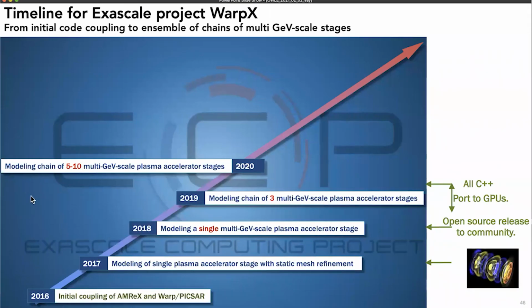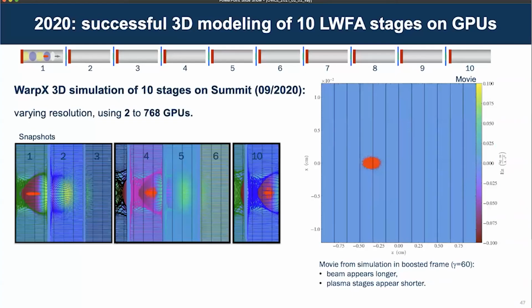And having the code running faster on GPUs enabled us to go to the next level, which is the modeling of, the target was 5 to 10 multi-GeV stages, and we went all the way to 10. So it's basically, as you can see, a repeat of the setup for the 3 stages, but with more stages. With, again, laser injection at the front of each stage and plasma lens to refocus between each stage.